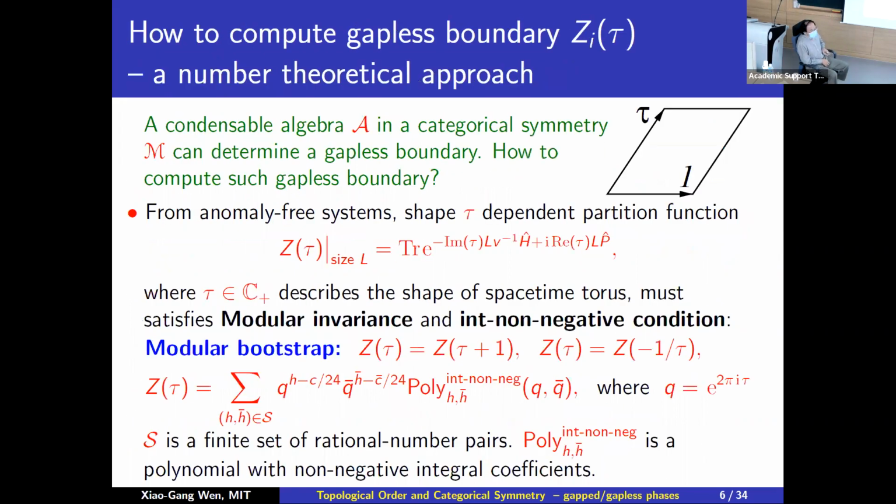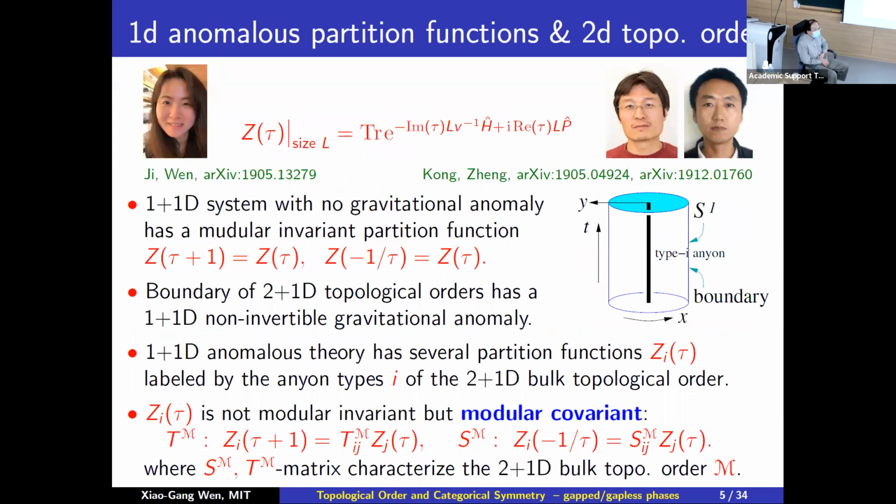Sorry, I have a little question. Do you think this picture can be extended to higher dimensional situations? Yeah, we intend to. I chose a way of describing the theory such that this description naturally generalizes to higher dimensions, because the ST matrix is really a mapping class group which works in any dimension.